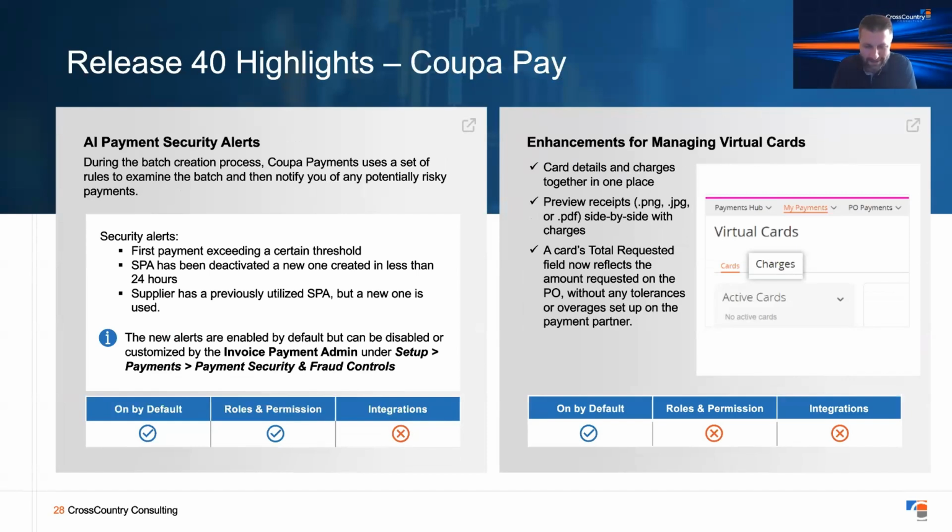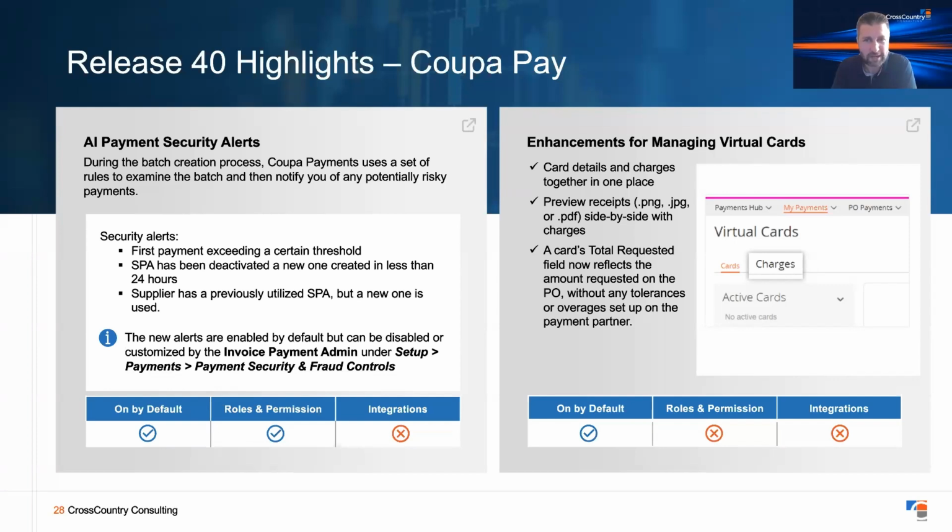So previously, to view the charges for a virtual card, you would have to go out to your profile, and you could see all the charges associated with a virtual card on the profile page. Now they're making that available within the virtual cards page, so My Payments and Virtual Cards. And you have the 2 tabs there.